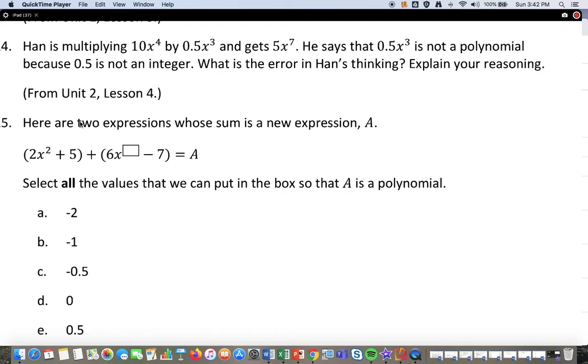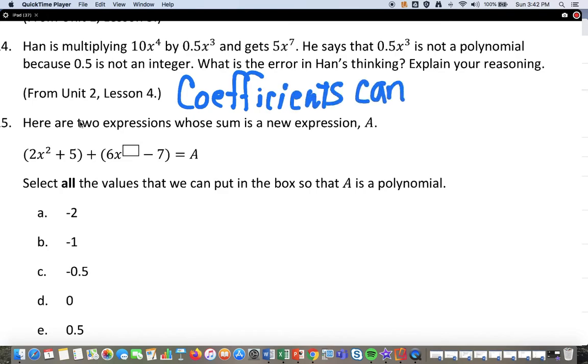Well, Han is making an error because he's thinking that the coefficient can't be a fraction, but it can. The coefficients can be any real number. It's the exponents that have to be whole numbers.